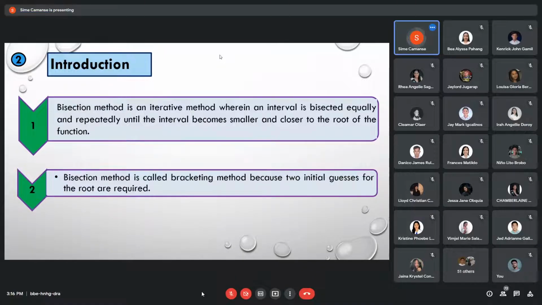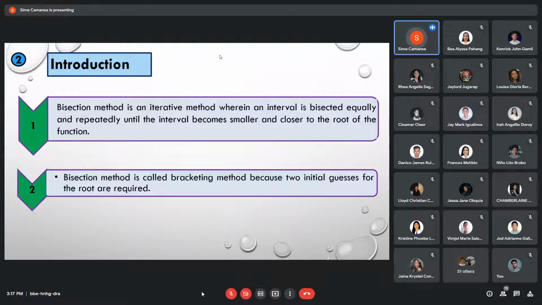Meaning, you have to guess two values for the root, an upper and a lower guess. It is called x upper or x left, depending on your symbol or designation. So xl is the lower and xu is the upper. They should have corresponding opposite signs for your function of xl and function of xu.